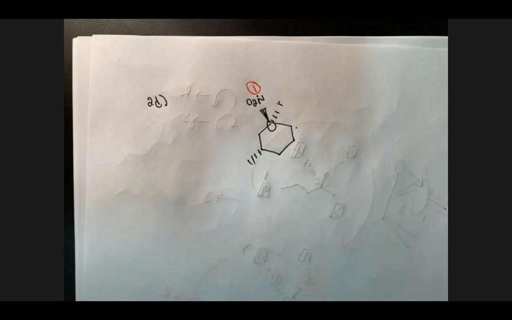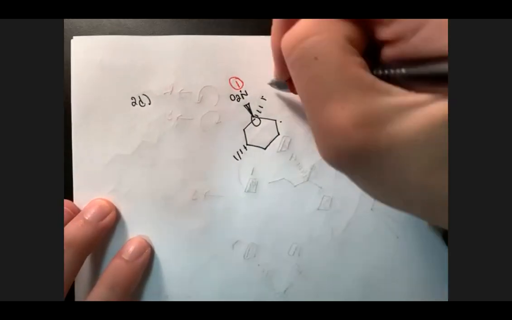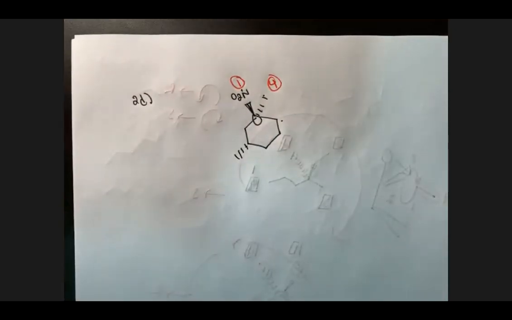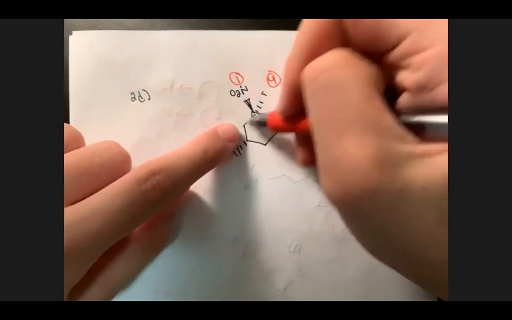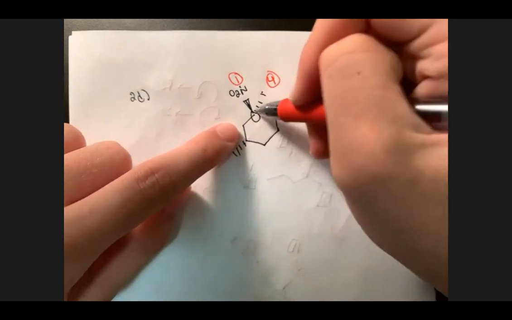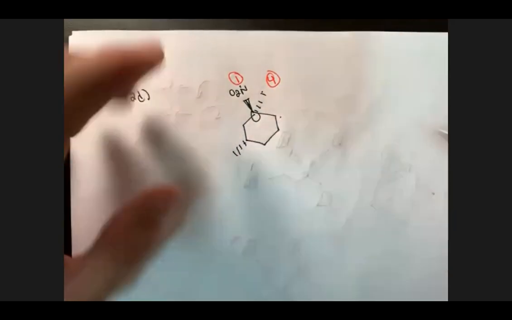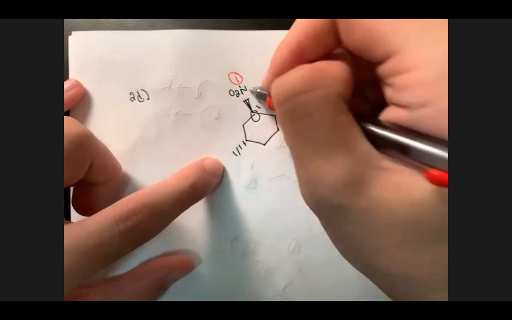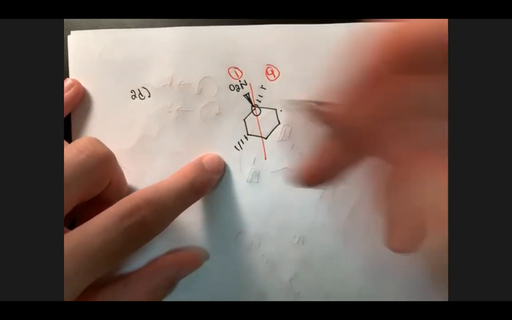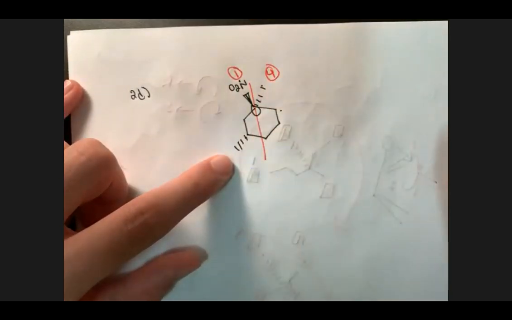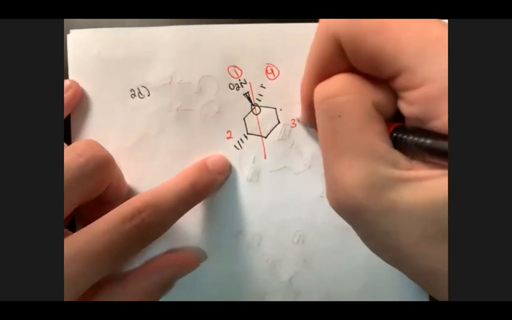Then, this would be 4, and the reason that's 4, and I'll explain in a second, is because here we have carbons on the left and the right side of the ring. But what makes this side more complicated is that we have an extra methyl, so it looks crazier. So this would be 2, and this would be 3. Again, 1, 2, 3, 4, that's how I assigned it.